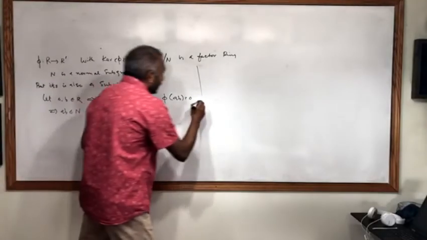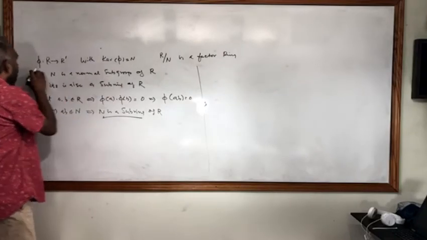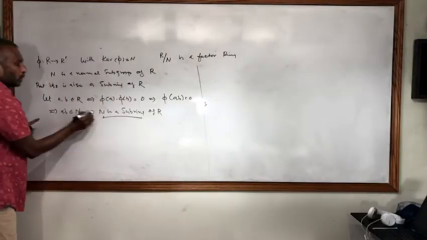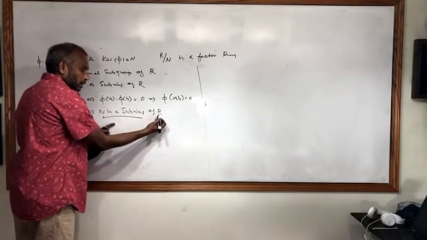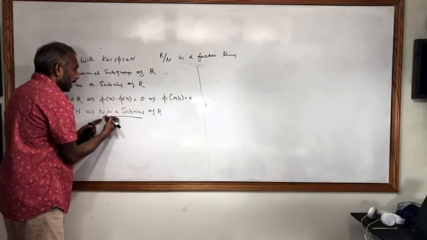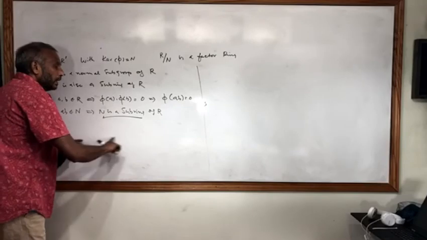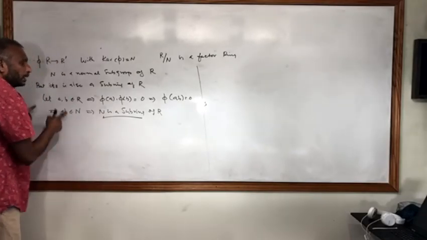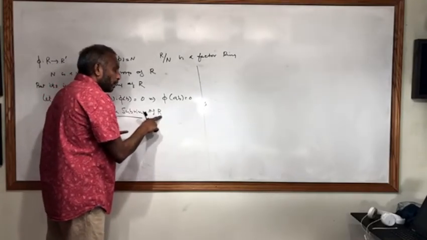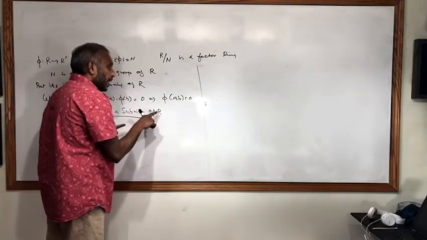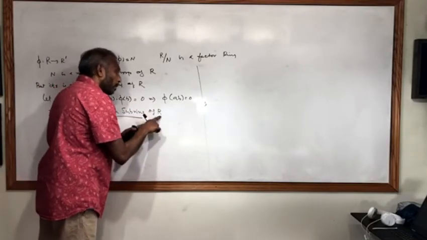So when you want to generalize this, instead of a kernel of a homomorphism, we are going to assume that N is a subring of R, and find out a condition on N where the multiplication is well defined. See, the group part is already done, because R is a commutative group or abelian group under addition. So every subring of R is a normal subgroup of R.